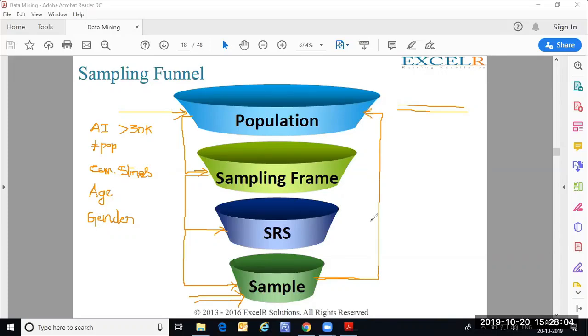So that means we are inferring the results of a sample back to the population.